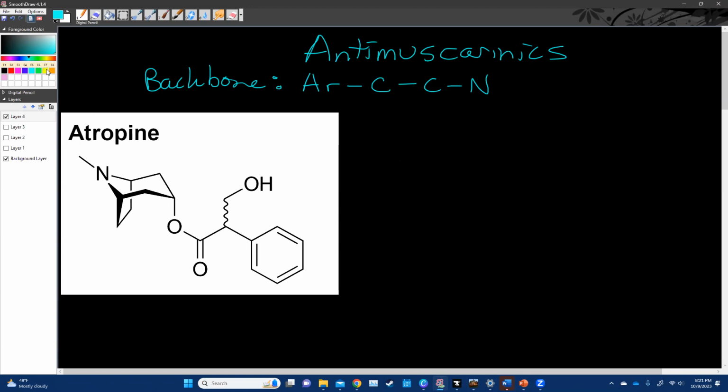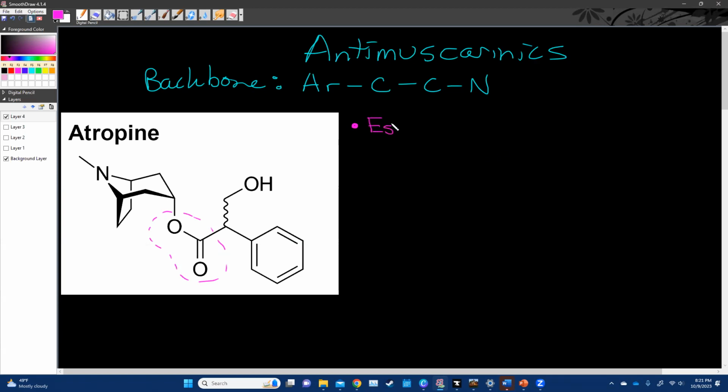So you guys should already be able to tell me something very, very specific about atropine purely based on what I circled in pink. What do we know about atropine based on what I circled in pink? Exactly.